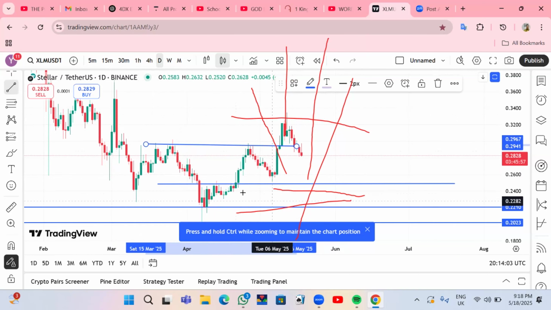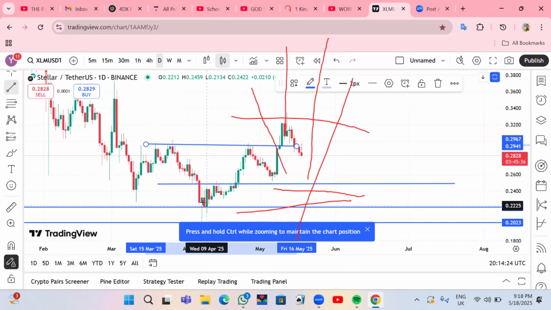There's another resistance. So it's like a law. This is our first high, price pulled back, went up, came back down, started going up again, broke the previous high, and now it's pulling back.